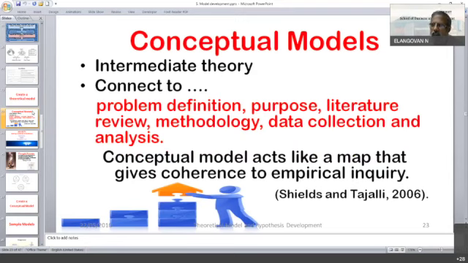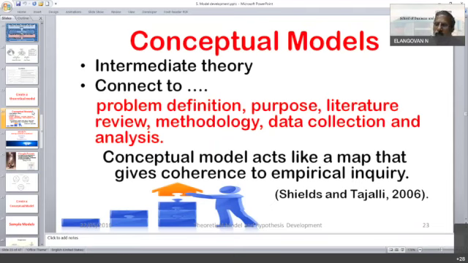From the previous theories, whatever model you create, you connect it with your current problem, and you find that the theory is not completely explaining your problem. That is what we call a research gap. Then we propose to address that research gap, to fill it.